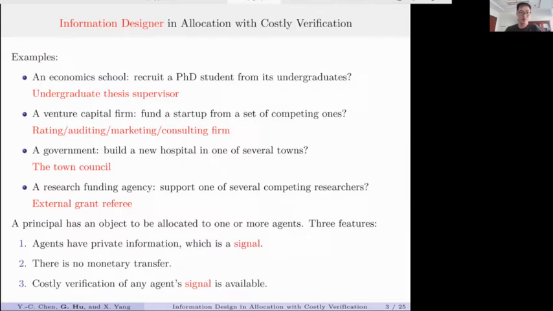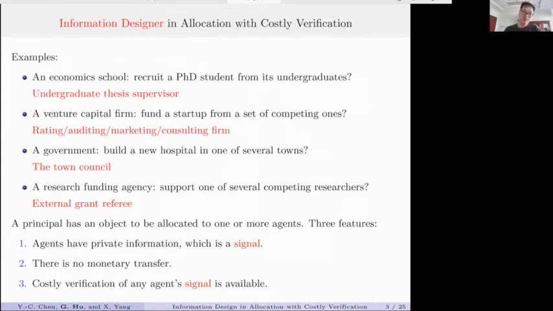For the first feature, agents have private information, which is a signal learned from the information designer. Like in the PhD student example, the undergraduate student may not be very sure about his own research ability, but his thesis supervisor can influence the agent's perception of his own research ability. It's a signal.